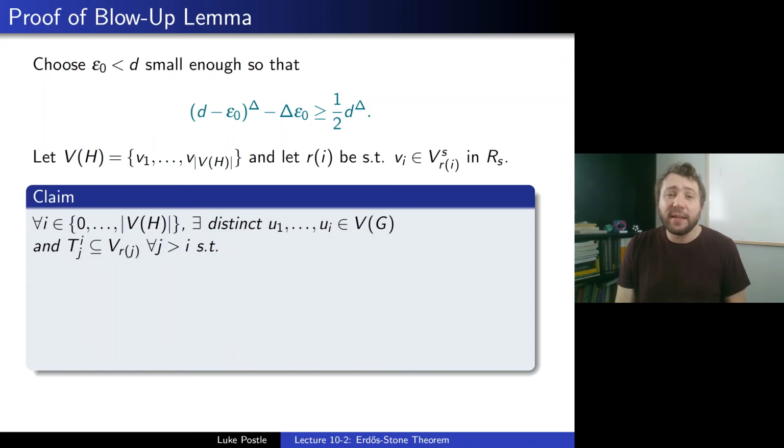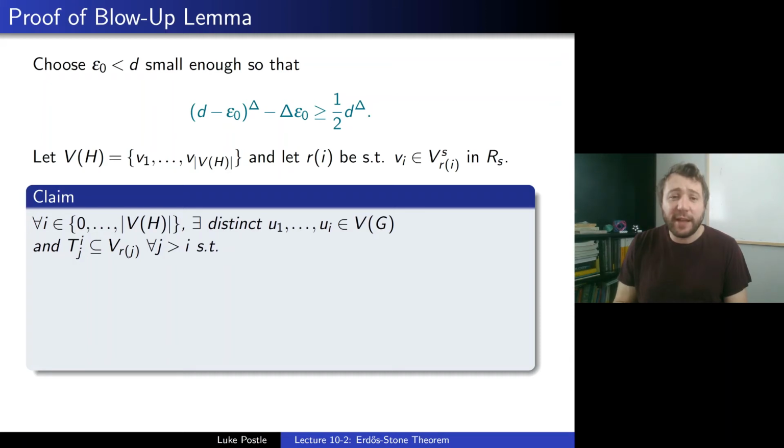So we're going to define sets called T_ij. These will be subsets of the V_Rj, so they'll be targets. Somehow, I want to go from where they were in the blow-ups, from V_Rj with s as a superscript, to just V_Rj in the graph. So I know I want to be in this part, so we'll have target sets for the vertices.